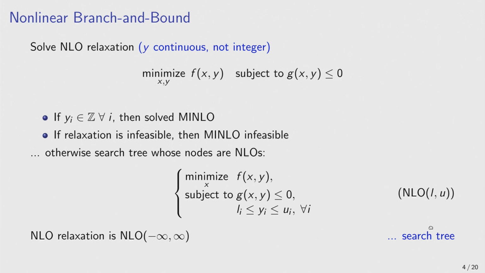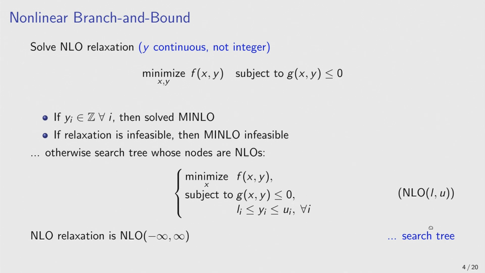That normally doesn't happen, and so instead we create a tree that searches subproblems where we've appended bounds on the integer variables to the original nonlinear constrained optimization problems. And these bounds reflect the fact that we're branching, and they allow us to create a branch and bound tree.